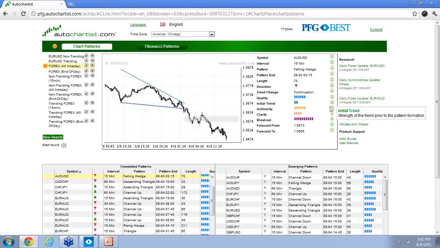As far as uniformity is concerned, the uniformity means the even spacing of turning points that touch the support and resistance lines.